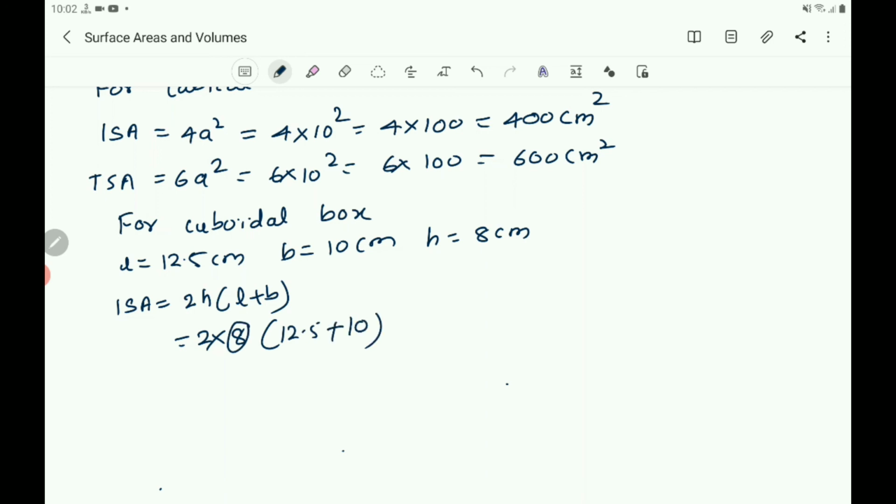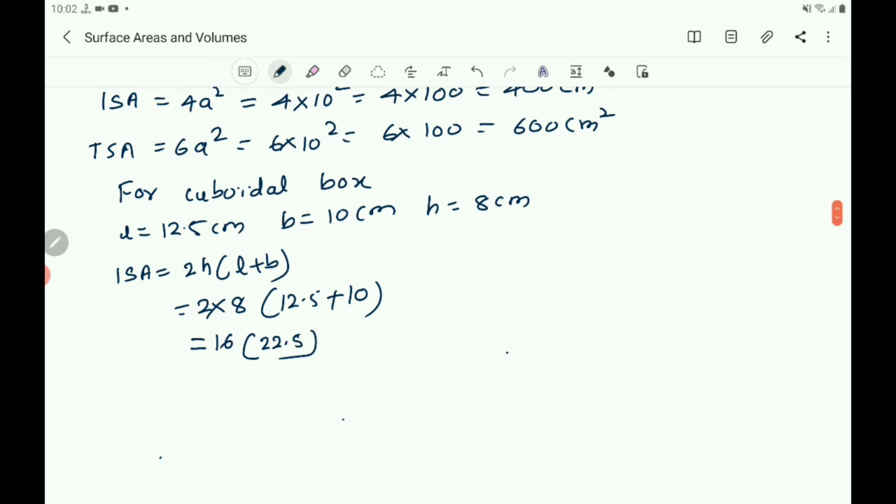Then it becomes 2 eights are 16, and 12.5 plus 10 is 22.5.